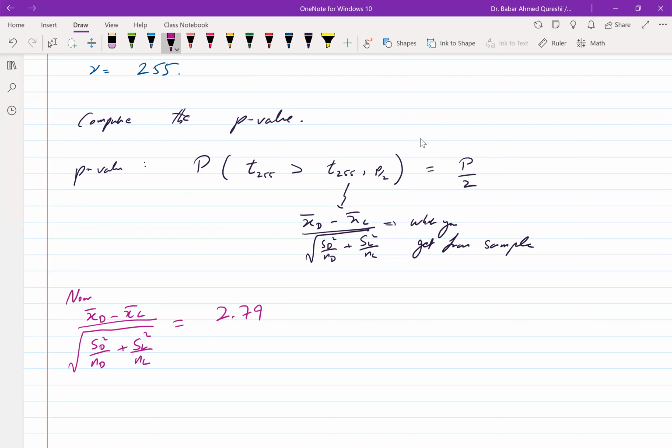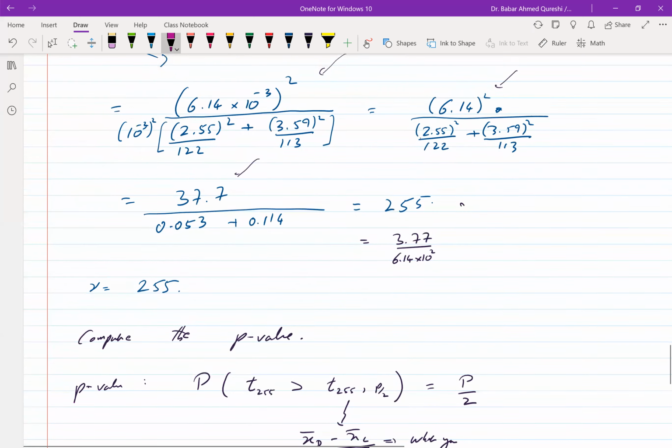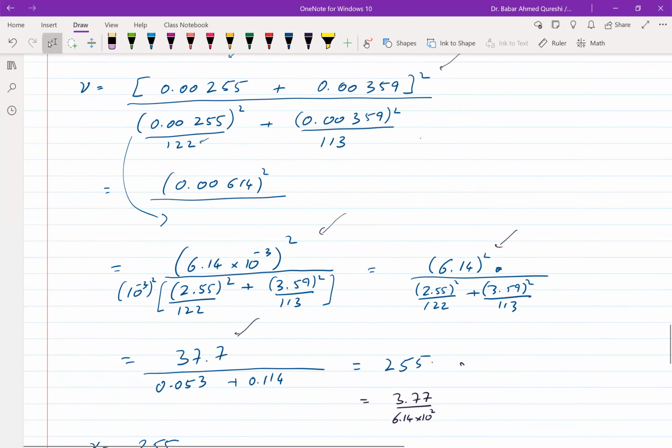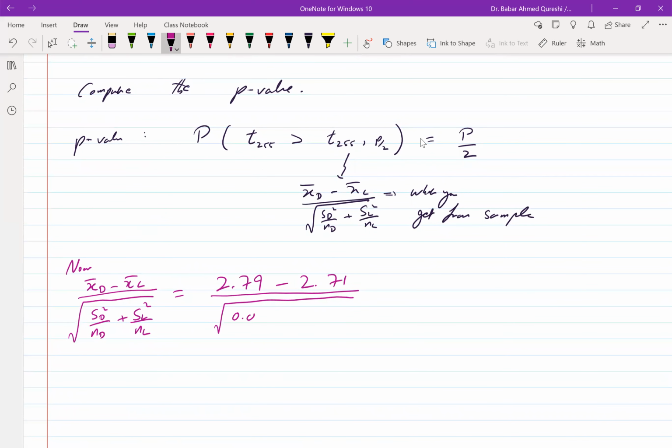I get 2.79 minus 2.71 over these numbers, 0.00255, because it's the same numbers which I had here, plus 0.00359. So I get 1.020.